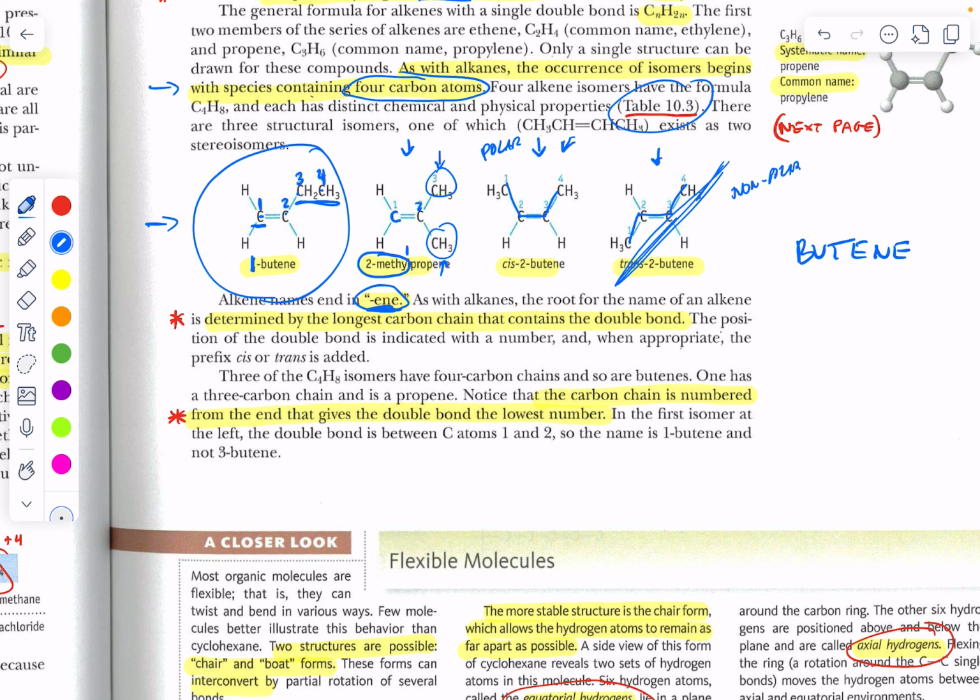This is the cis form because your 2 methyls are on the same side of the double bond. And this one here is the trans because your 2 methyls are on opposite sides of the double bond. The double bond is between carbon number 2 and 3. Either way that you go, from left to right or right to left, your double bond is between carbon 2 and carbon 3, hence the address of 2 for the butene.